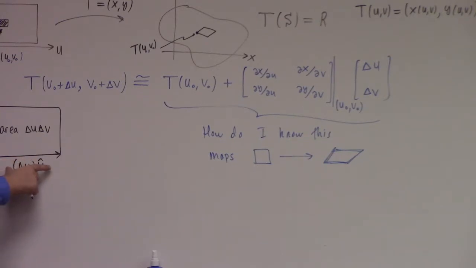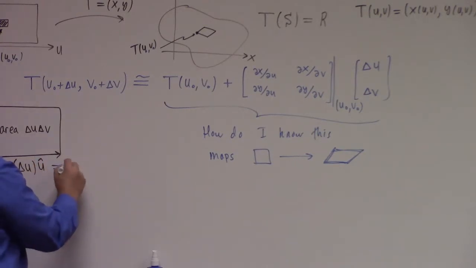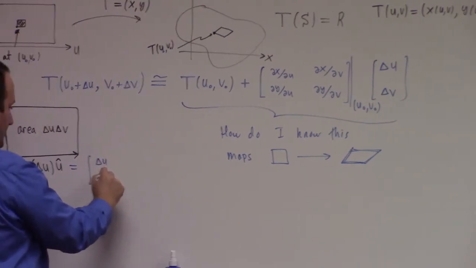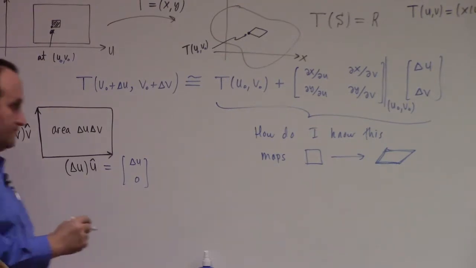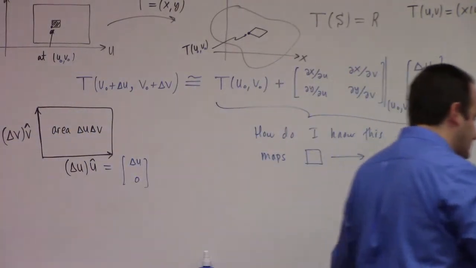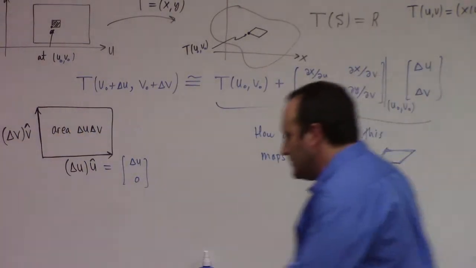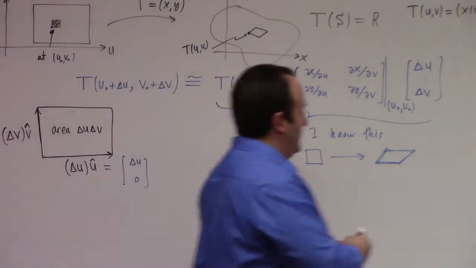So what is this, by the way, explicitly? This is the column vector delta u, 0. And in terms of linear algebra, this is 0 and delta v like that.